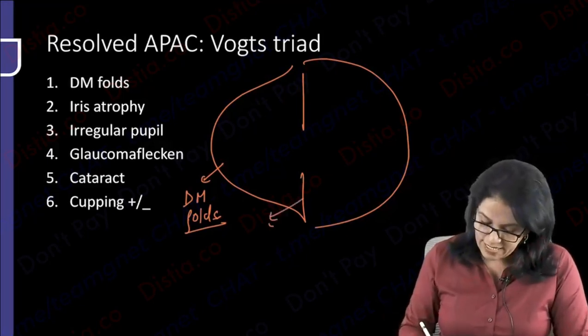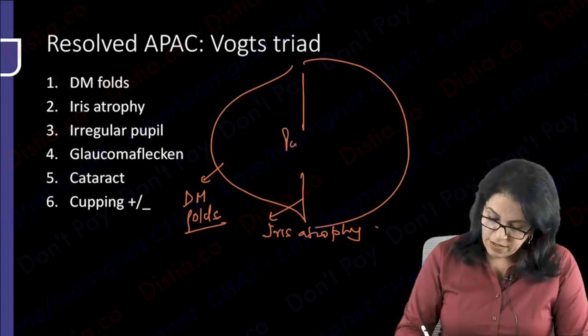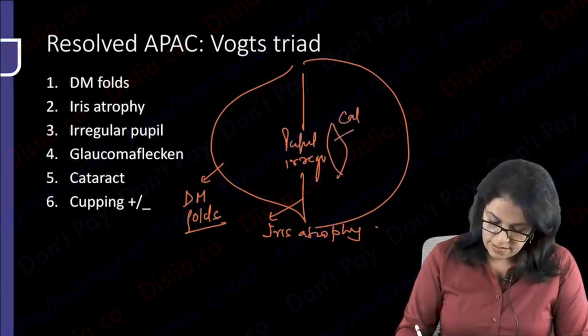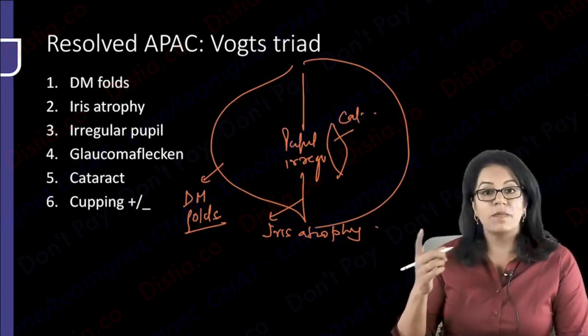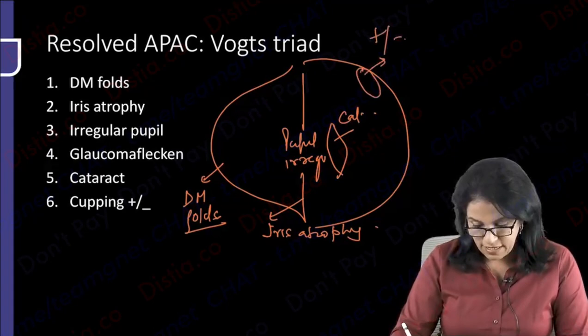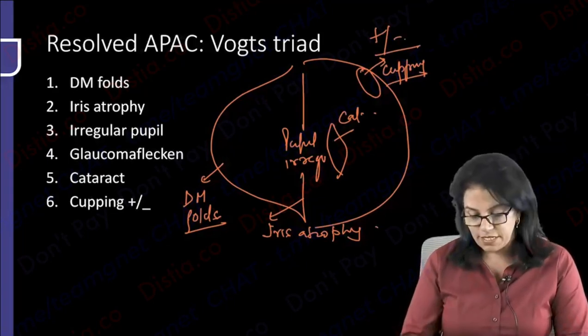Then second, of course, iris atrophy, because of these high pressures there is damage. The pupil will be irregular, right here. There can be cataract, right? And now I may see cupping of this, plus minus, right? I may or may not.